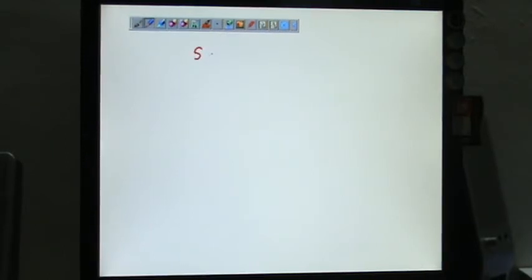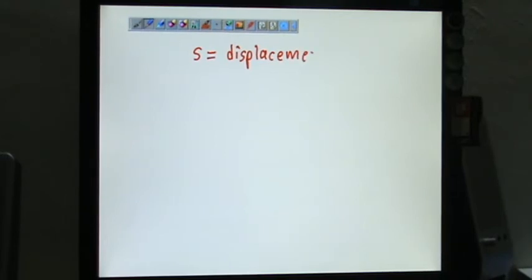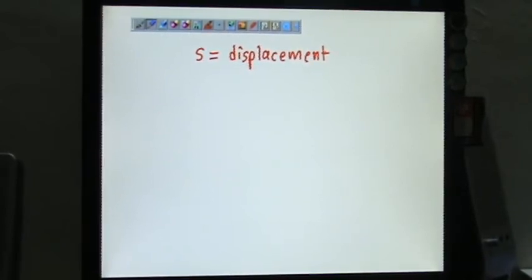First of all, s is displacement. We would rather call it displacement rather than distance, because in Form 4 physics we study displacement as a distance with a certain direction, because it is a vector quantity.